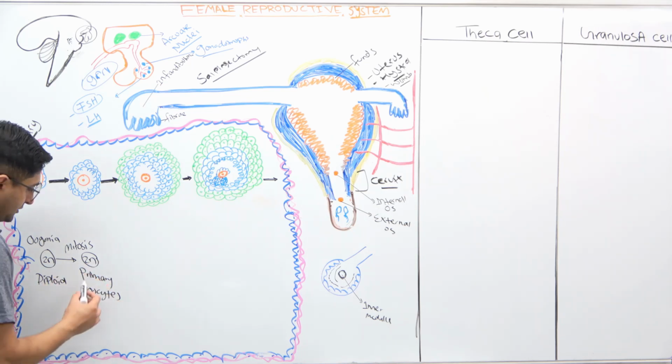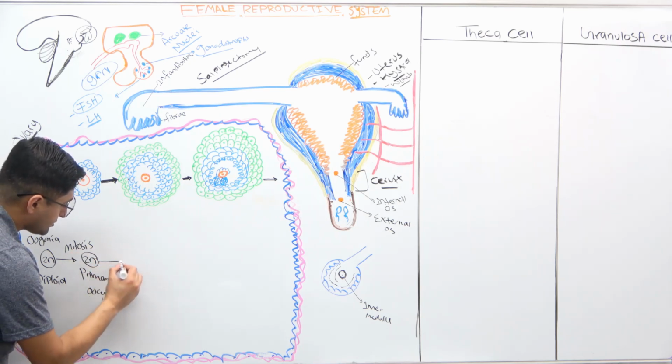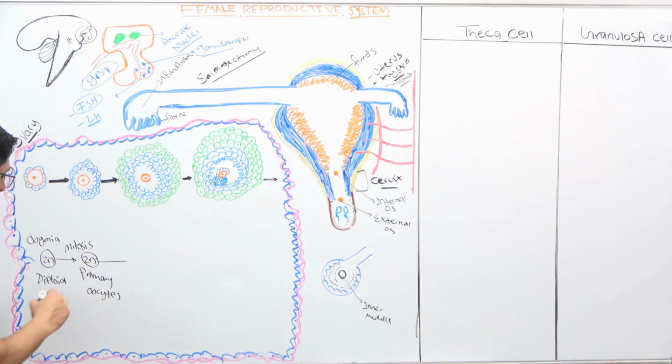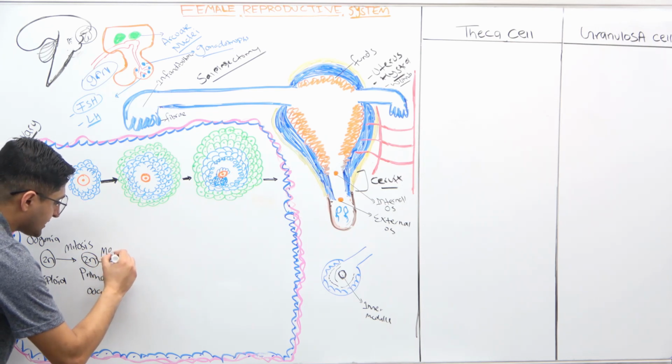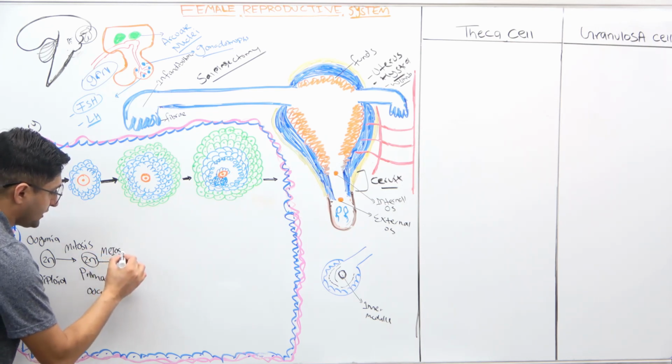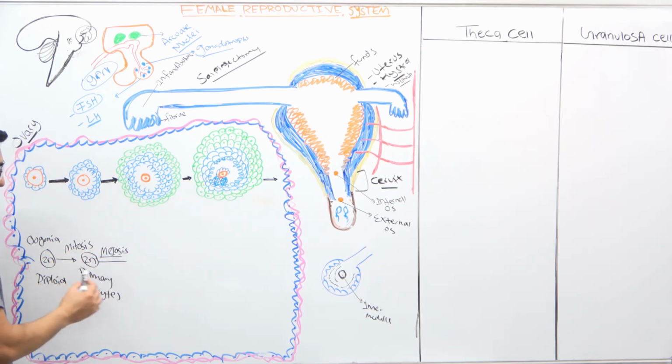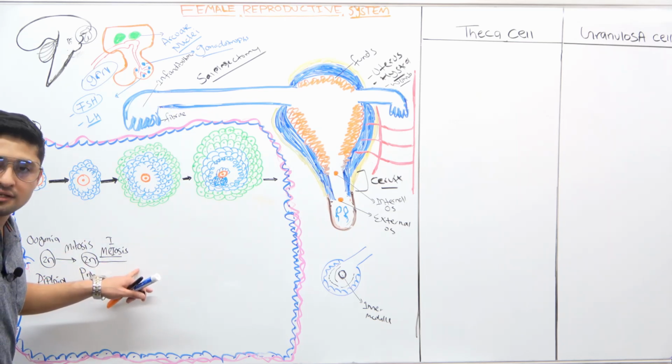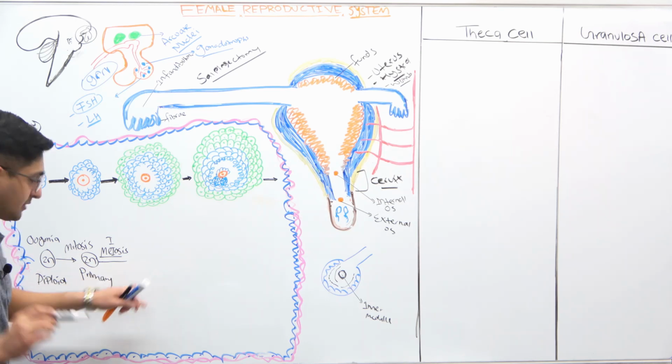And then after that, the meiosis process will occur, meiosis 1 here. So meiosis 1 takes place in the intrauterine life when it comes to a female.